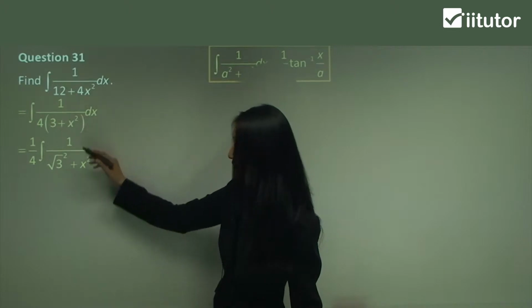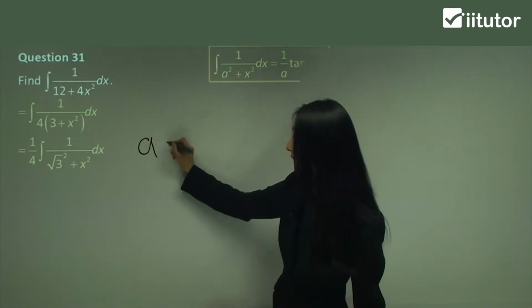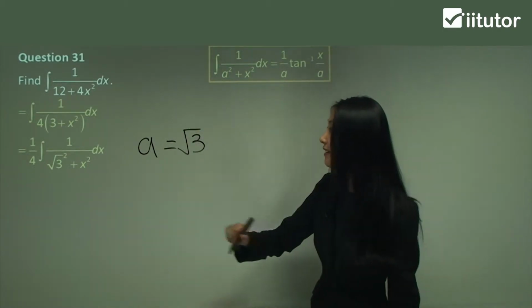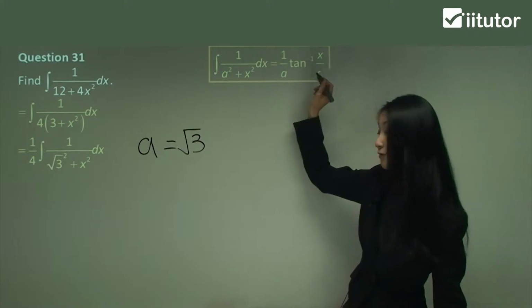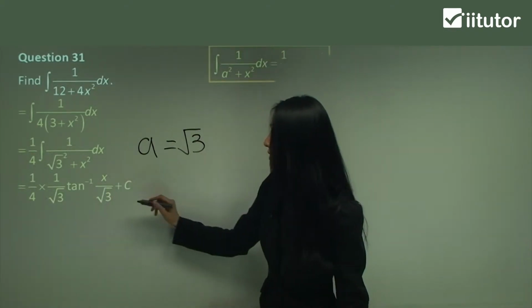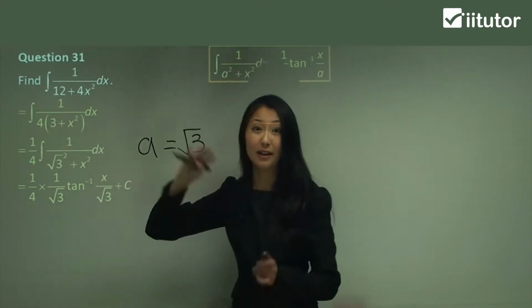The 3 I've just made into square root 3 squared, and that's just to help me find a, which I can say, yep, that's going to be square root 3. And now I can use the formula, so that becomes 1 on square root 3, inverse tangent x on square root 3. And don't forget your quarter that you put out the front.